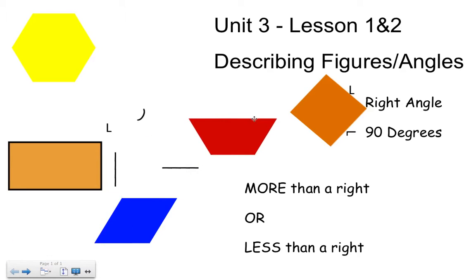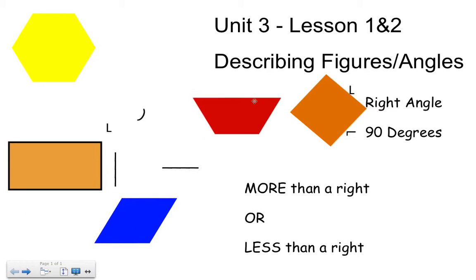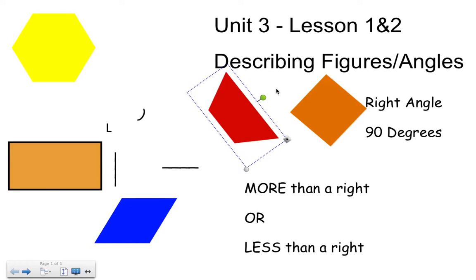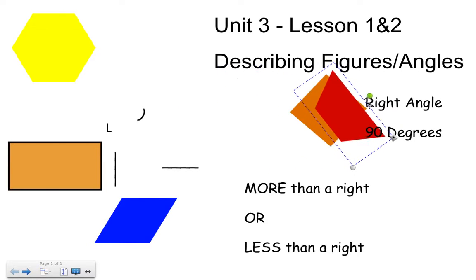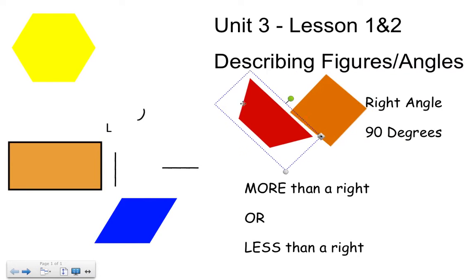This is a good one to use. These 2 angles are less than 90 degrees. How do I know? Well, I know that these are all 90. If I rotate this shape around, we have all these shapes in the classroom so you can use them. Clearly you can see when I line them up that this angle is less than that 90 degrees.